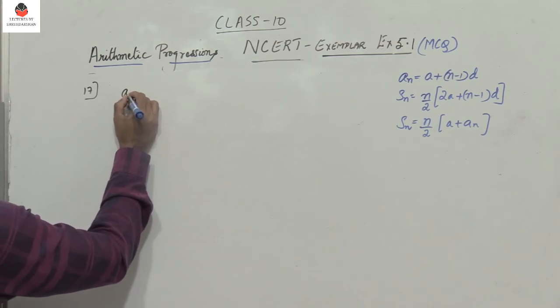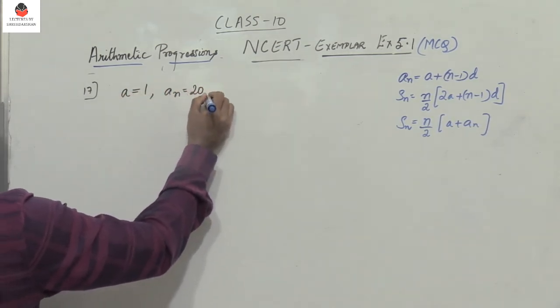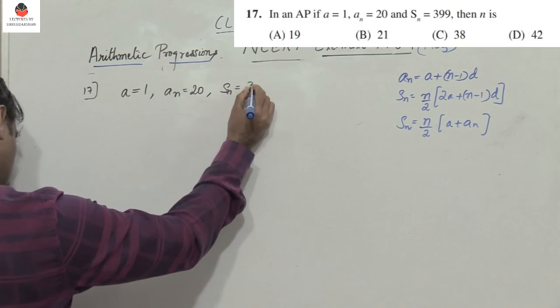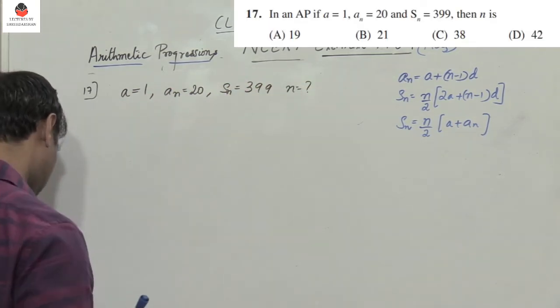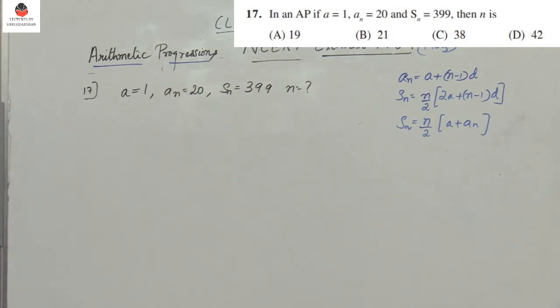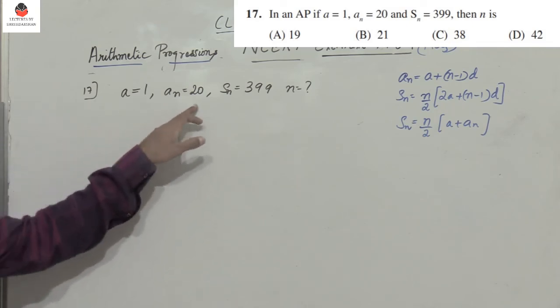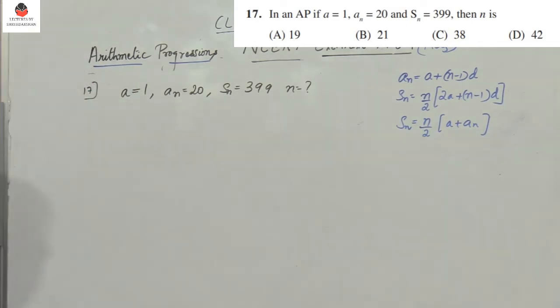In an arithmetic progression, A equals 1, AN equals 20, and SN equals 399, and we need to find the value of N. Alright, so now we need to find the value of N, wherein the first and the last term of an arithmetic progression has been given here. So I can use this formula where Sn equals n by 2 into A plus An.